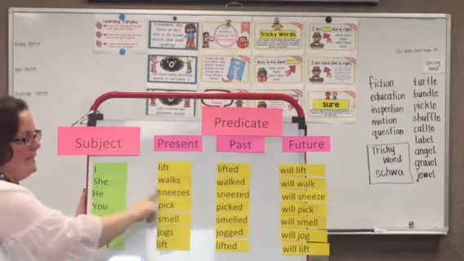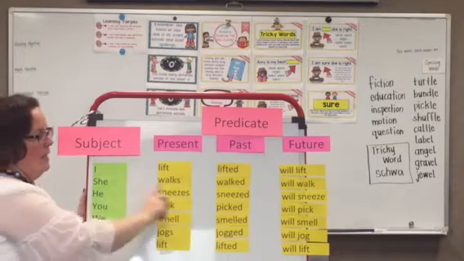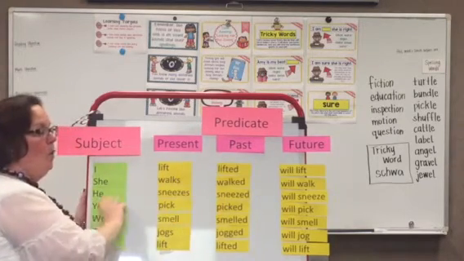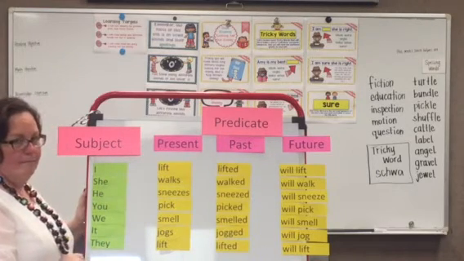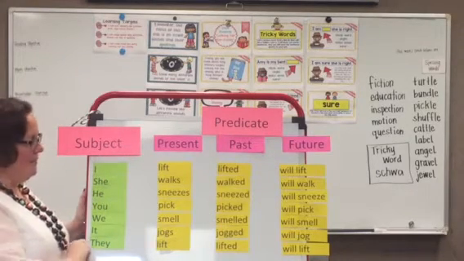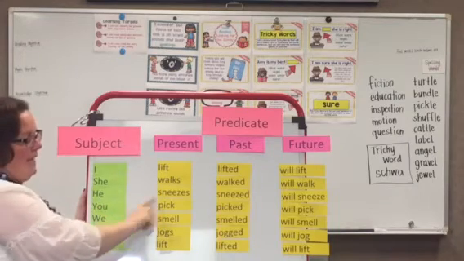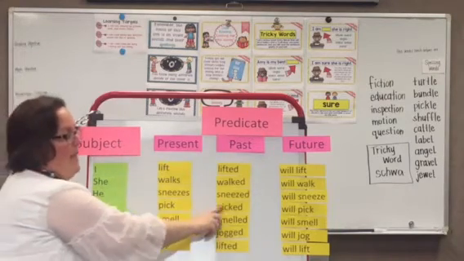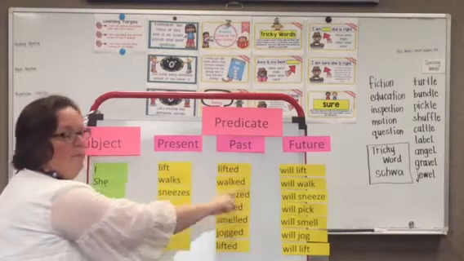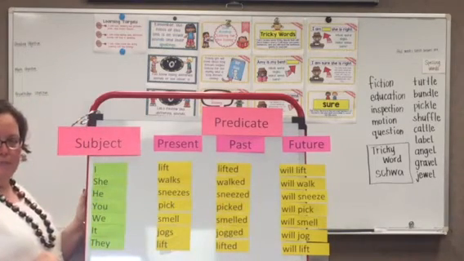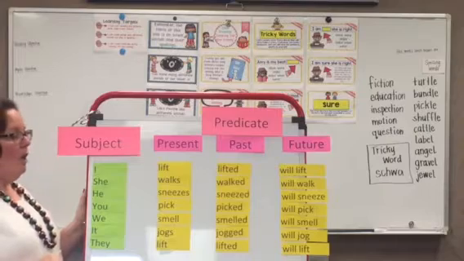Then we have he sneezes. He sneezed. Or he will sneeze. I had to make sure I didn't put an S on that. You pick. You picked, like you picked strawberries. Or you will pick strawberries. Okay?